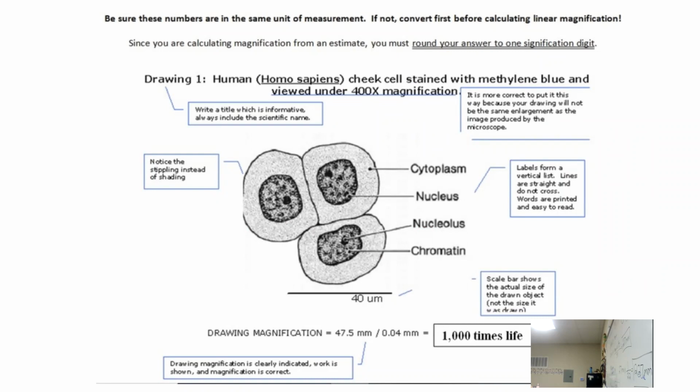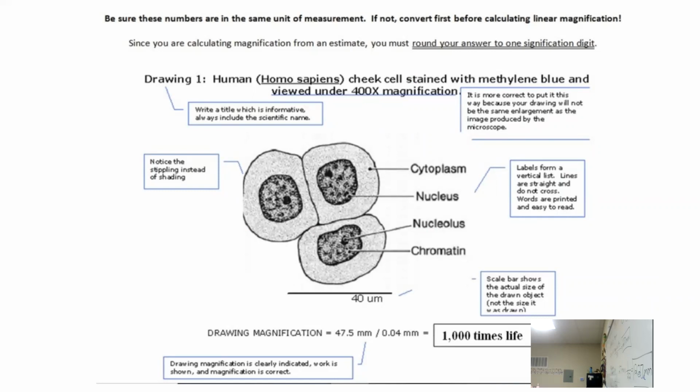We do not want shading, because that might look like a structure, right? Each line that you draw, you're like, oh, that's a structure. But instead of showing a structure, what I want to do is show that it's darker. So what I do is I dot. This is stippling. And the more dots you make, the darker it'll look. If I want it to look light, I'll put fewer dots.